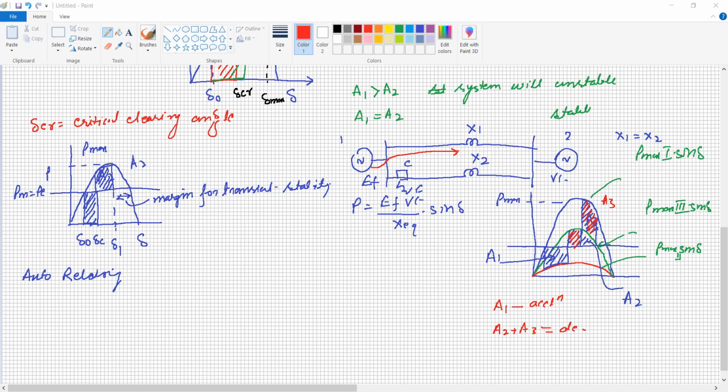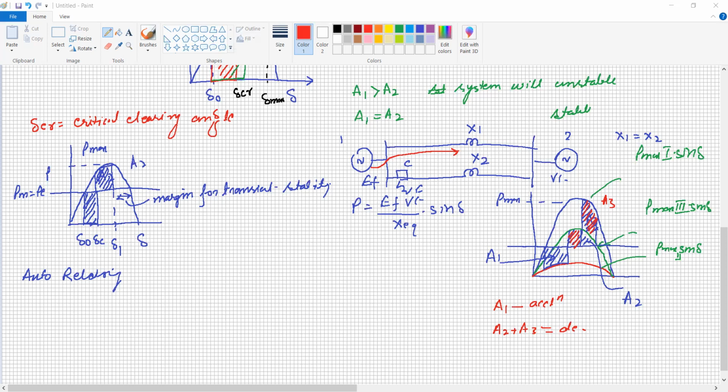So before the fault it is by the two transmission lines, during the fault there is reduced power, and after clearing it is transmitted by the single transmission line. So again here, it is possible to calculate the area A1 and A2, or the maximum value we can take for our calculation purpose. If the deceleration area is greater than the acceleration area, the system will be stable. Our objective for the FACTS devices is to increase that area by some means.